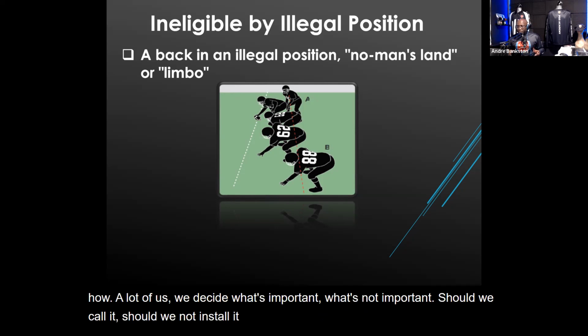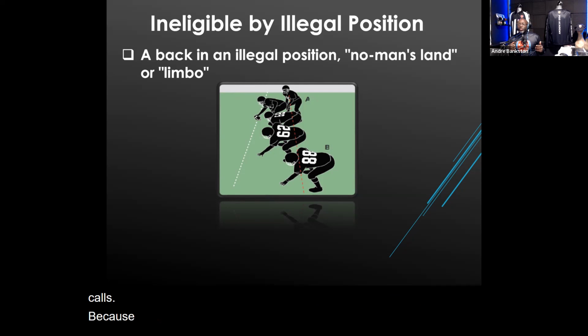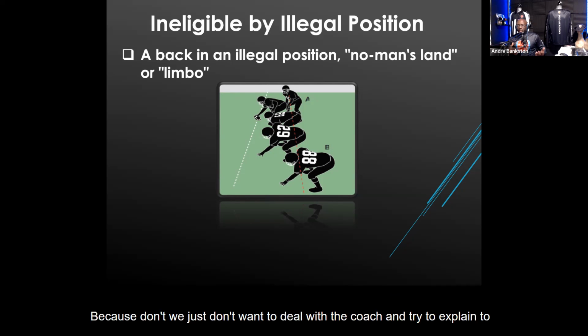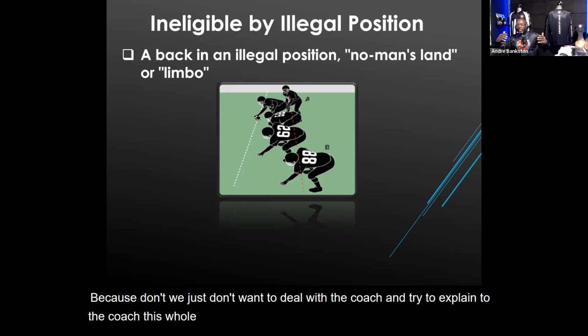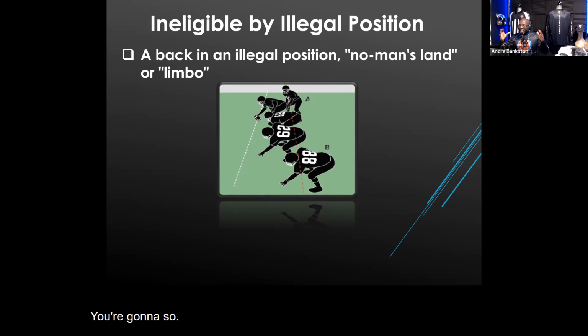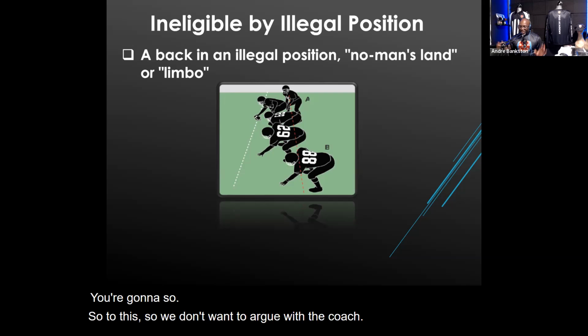I think a lot of times the reason we don't make these calls is that we just don't want to deal with the coach and try to explain to the coach this whole rule about he's in an illegal position. We don't want to argue with the coach. We decide not to call it.